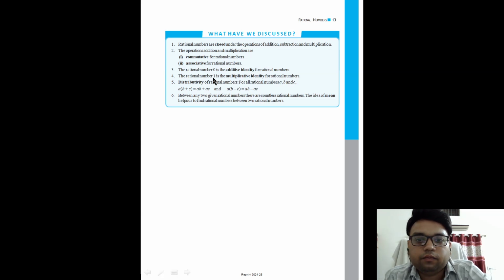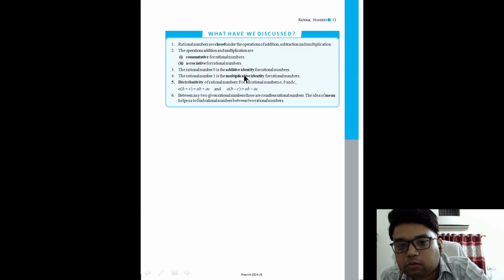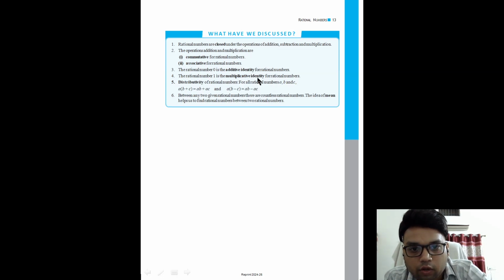The rational number 1 is the multiplicative identity: if we multiply a number by 1, then the result remains unaffected. It is not an identity when we add, subtract or divide by 1. It is only the identity for multiplication, because when we multiply any number by 1, the result will be the same. The multiplication of 1 doesn't affect the result.